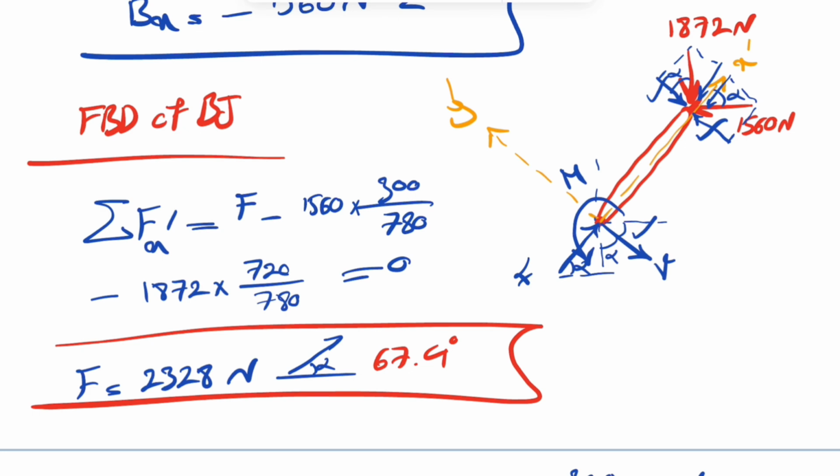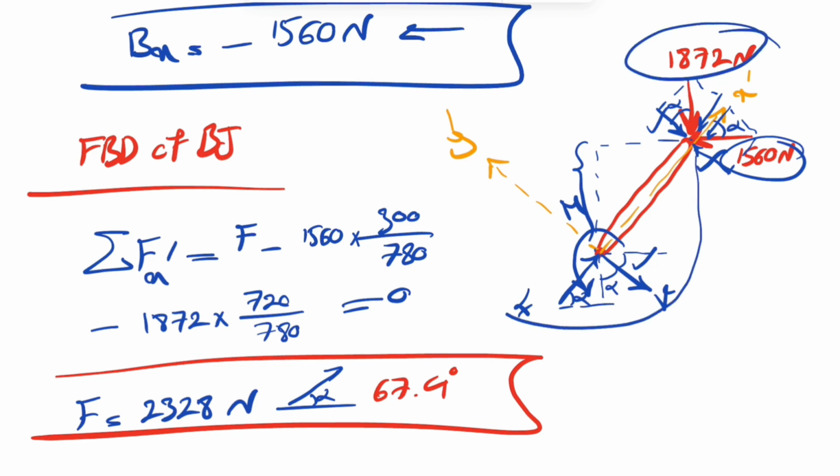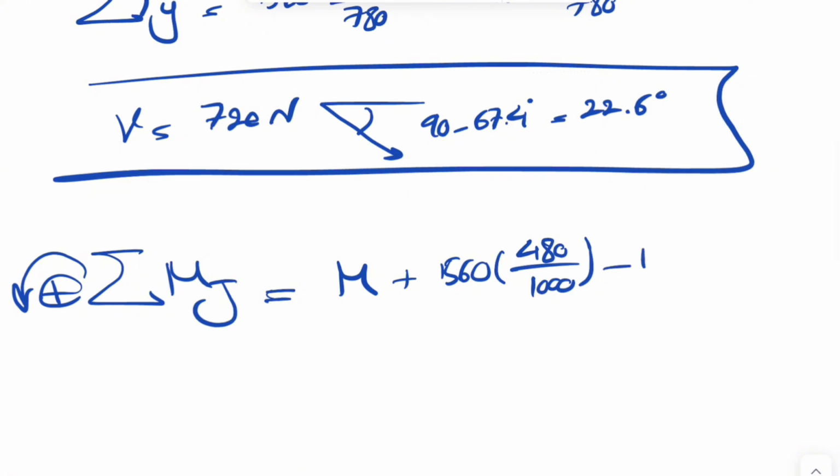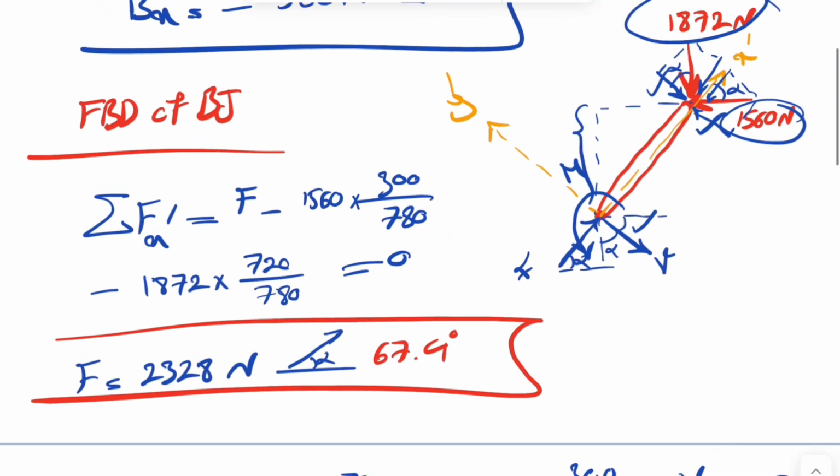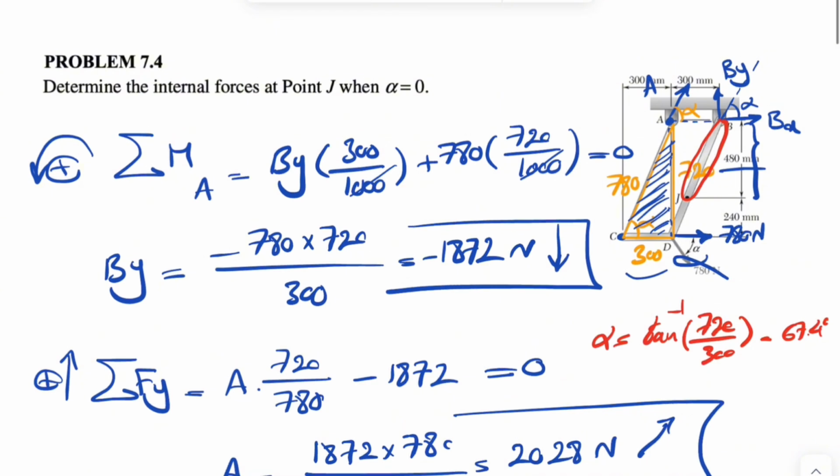And we also have the moment of 1872. This one's clockwise, so we have a negative sign, minus 1872, and the distance would be the vertical distance from G to the line of action, which is from here to here.